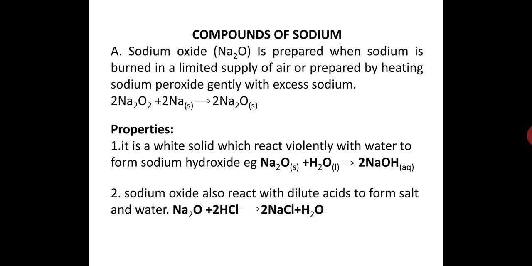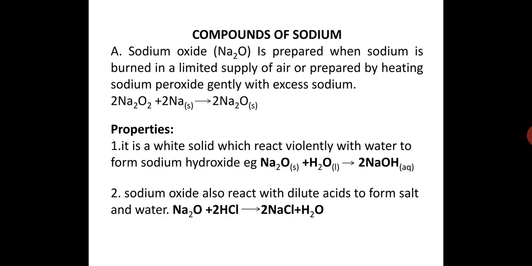Sodium oxide, with the formula Na2O, is prepared when sodium is burned in a limited supply of air, or is prepared by heating sodium peroxide gently with excess sodium.